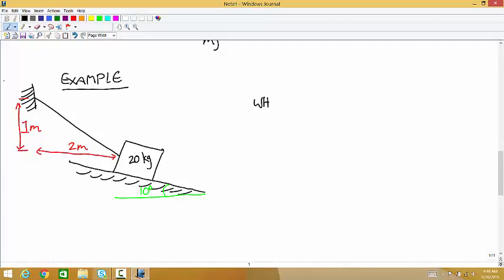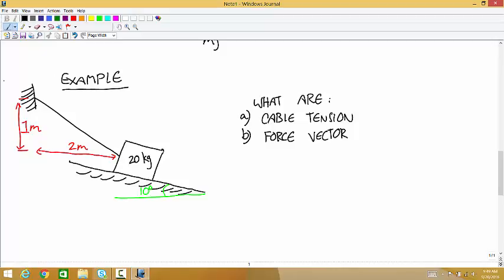So let's calculate a few things. First, let's calculate the cable tension. Second, the force vector applied to the box by the ground, and this needs to be frictionless.